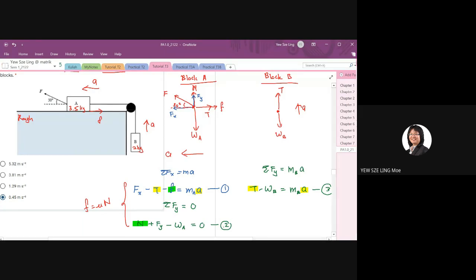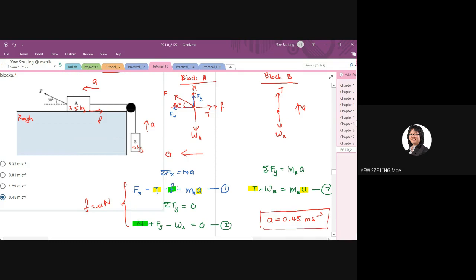Equation 2 is for you to find the frictional force. Once you have the frictional force, you solve equations 1 and 3 simultaneously, and you should obtain A equal to 0.45 m s^-2. So this is the final answer.